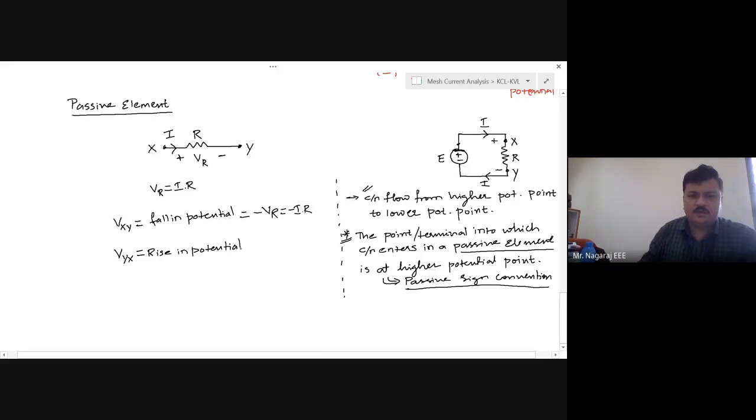Whether it is an active element or a passive element, rise in potential is always positive and fall in potential is always negative. So this is plus VR, or plus I into R. You should not make a mistake in understanding and applying this. This is a very crucial part of circuit analysis. If you go wrong here, everything will go wrong.